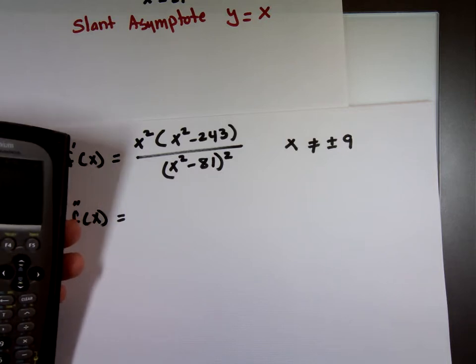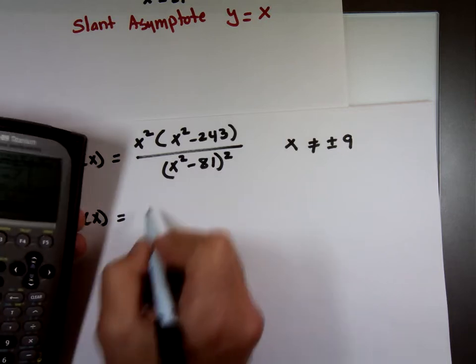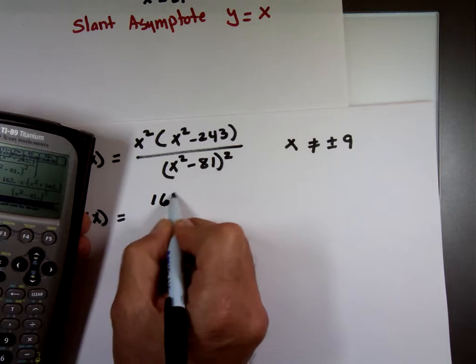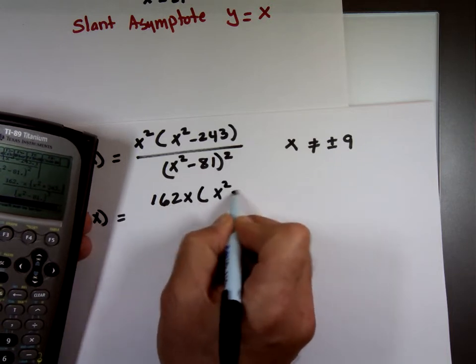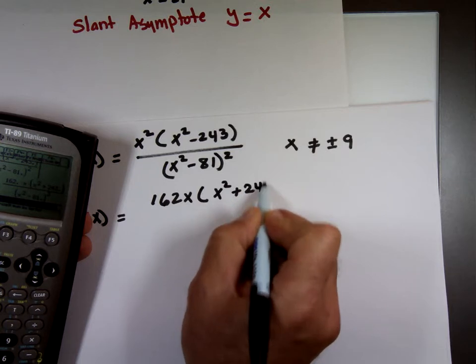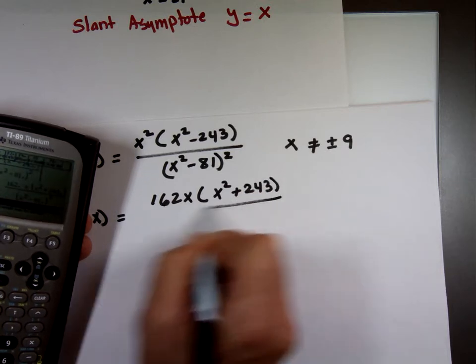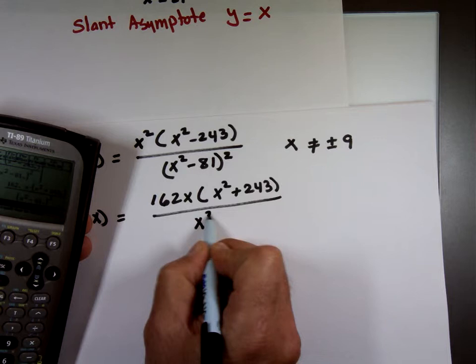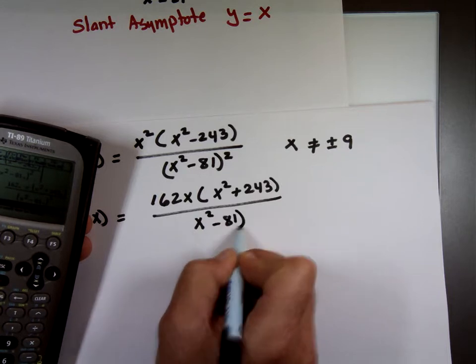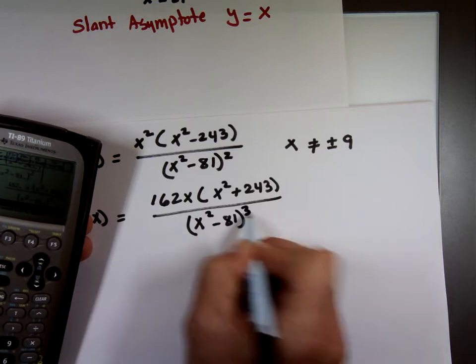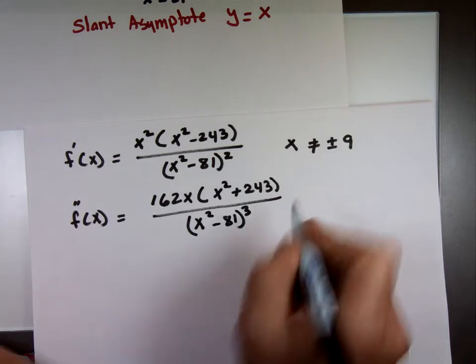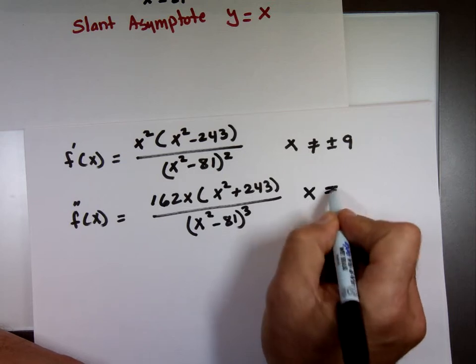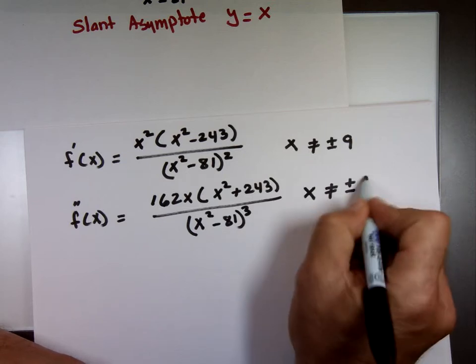And the second derivative, I clean it, 162x times x squared plus 243 over x squared minus 81 cubed, using the quotient rule and simplifying your answer. x cannot be plus or minus 9 again.